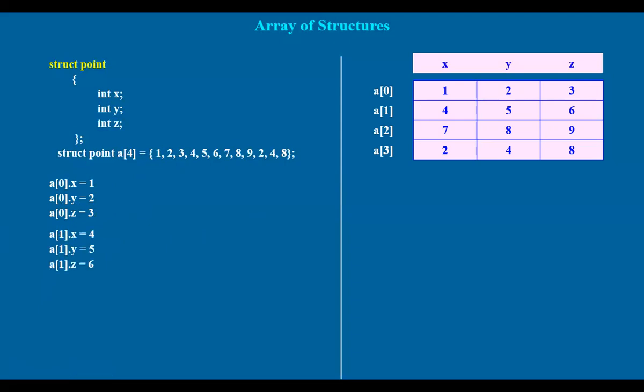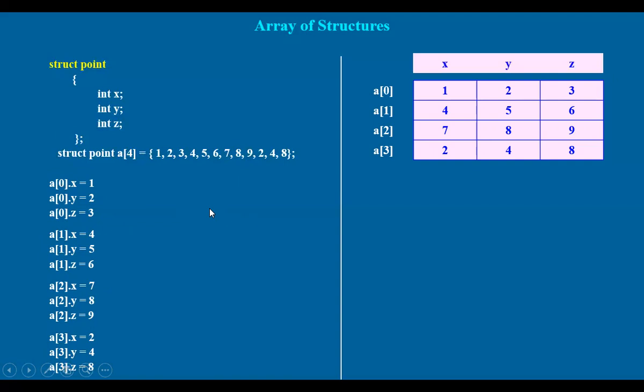A1, second set, 4, 5, 6: these values are assigned to the second variable named A1. Next, A2, again three fields x, y, z with values 7, 8, 9. Next, A3, the last variable, again with all three fields. So this is the way of accessing, defining or using the values in these structures.